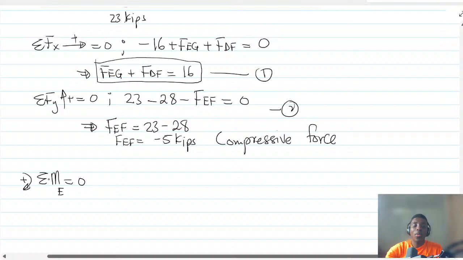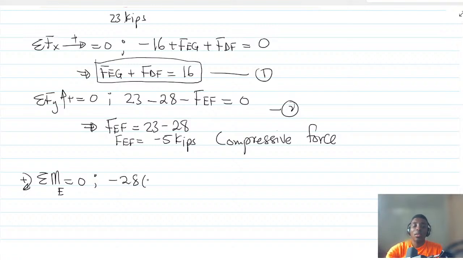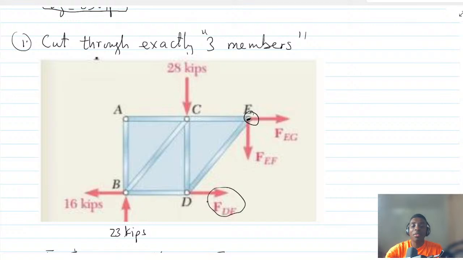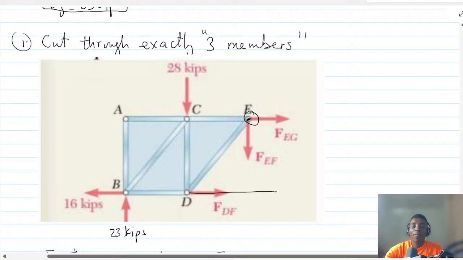So clockwise is positive, so you can say that minus 28 multiplied by 8. Then we will come back and look at FDF. FDF, the line of action is along this straight line. So this is FDF.